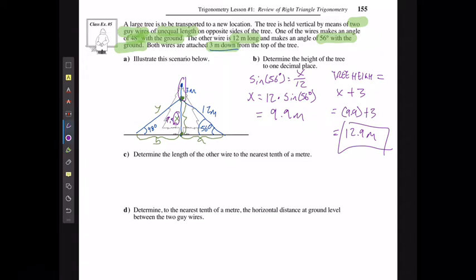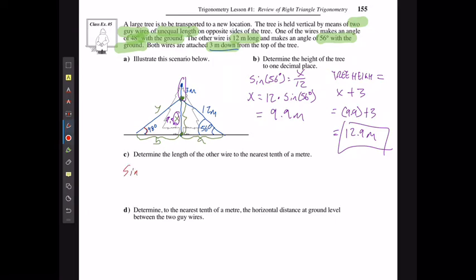If I'm determining the length of the other wire to the nearest tenth of a meter, then I'm going to state that for this angle, I have now solved for the opposite, and I'm trying to find the hypotenuse.